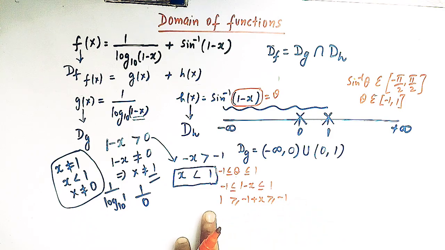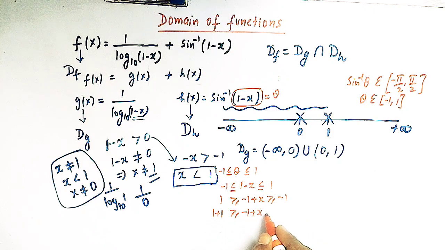Now adding 1 throughout, we have here 1 plus 1, and here minus 1 plus x plus 1, and here minus 1 plus 1, right? So here we have 2, and here x, and here 0. So we have now x greater than or equal to 0 but less than or equal to 2, right?